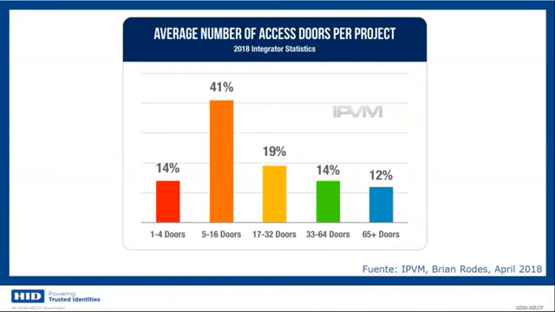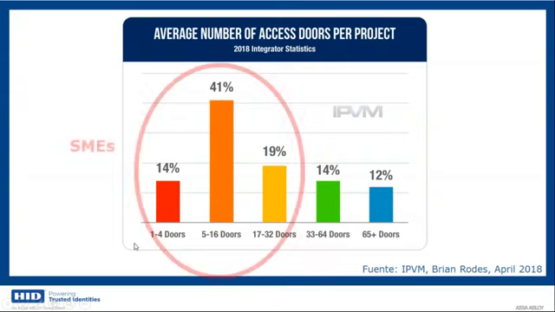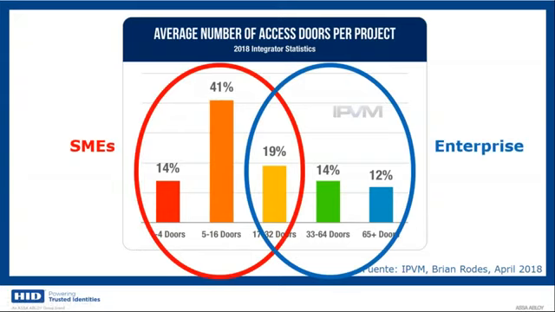For example, the biggest percentage of the total is centralized in 5 to 16 doors. Here is where small and medium businesses are located, okay? The other ones are enterprise solutions, with more than 65 doors.